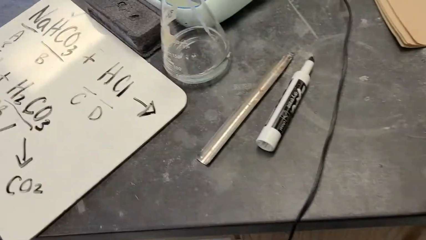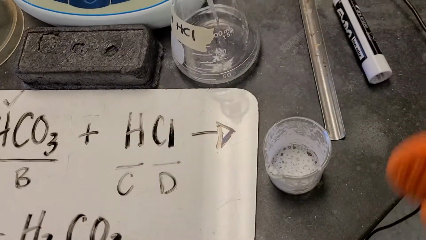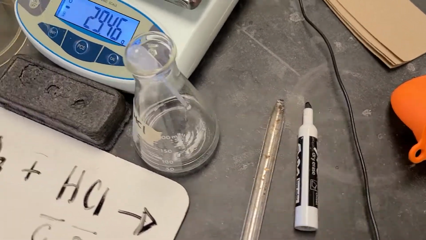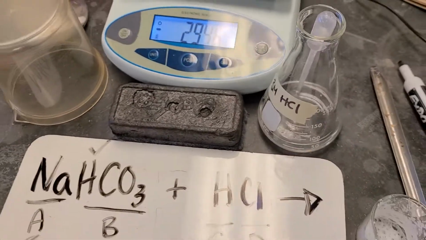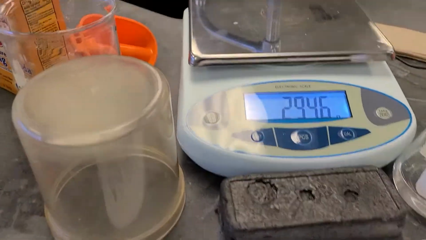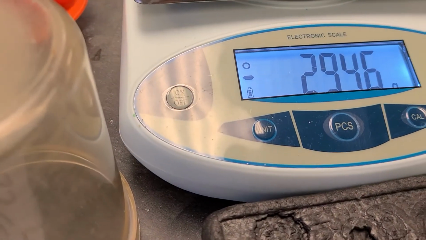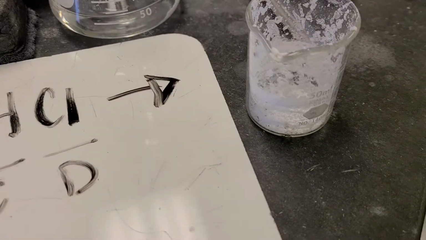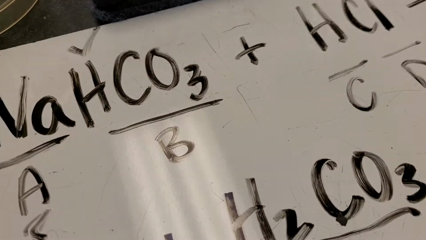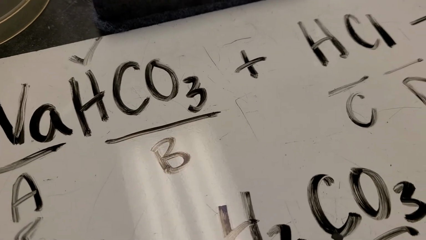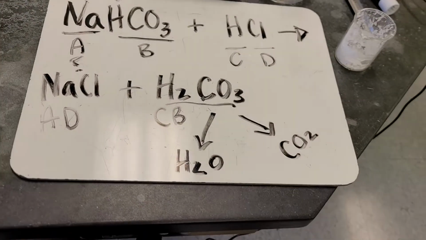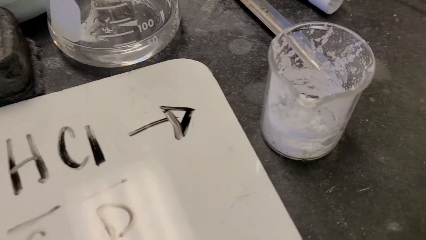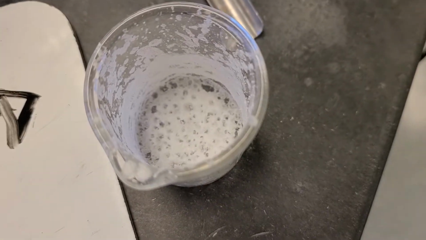So now I'm going to let this beaker cool for just a few minutes. And so remember that I had my beaker weight already on the scale and I tared it out. So what's going to happen is I'll just have the weight of the salt when I put it back on the scale. There's our salt.